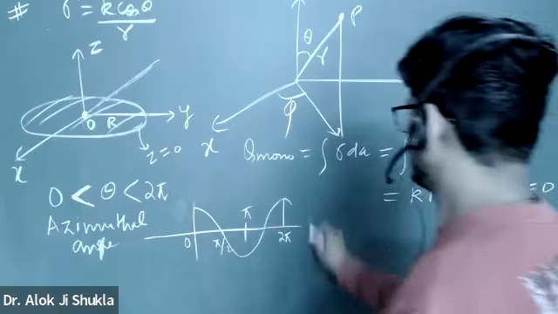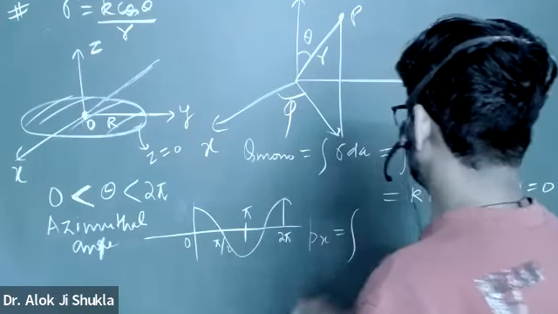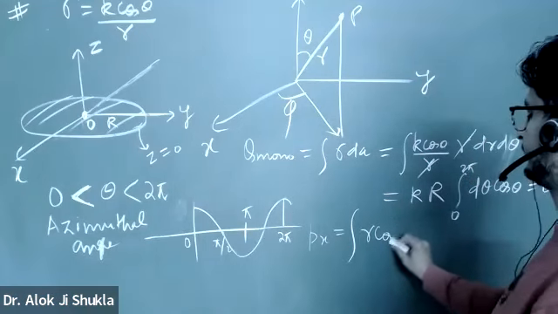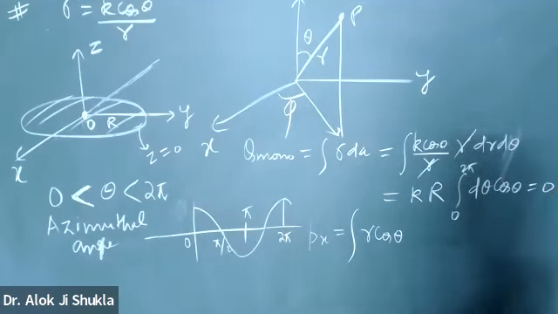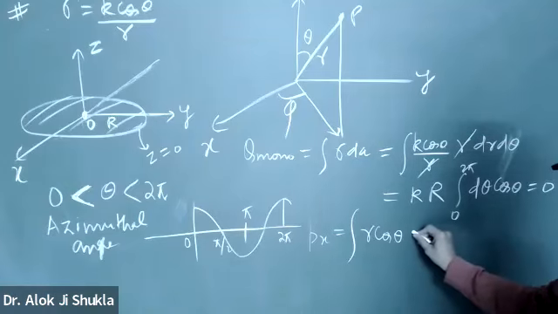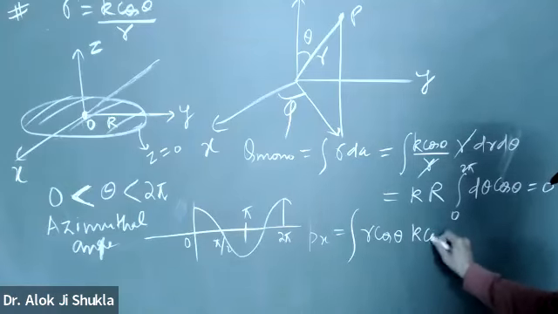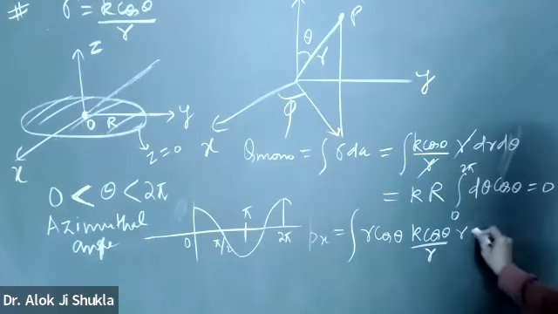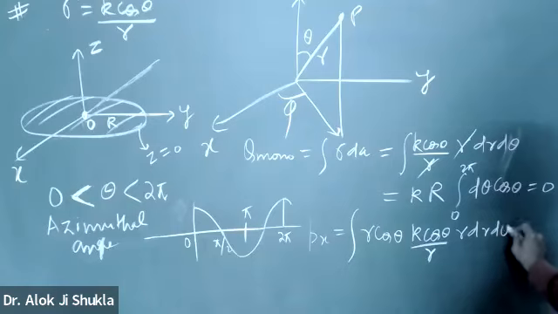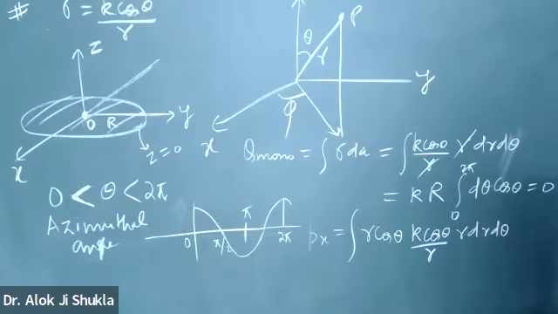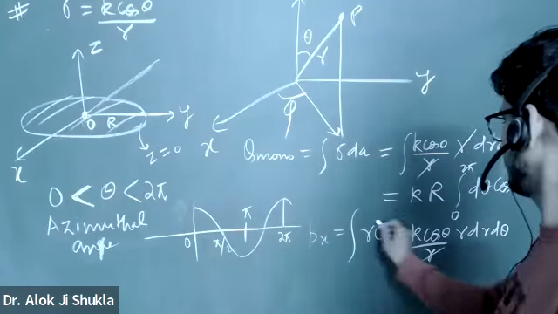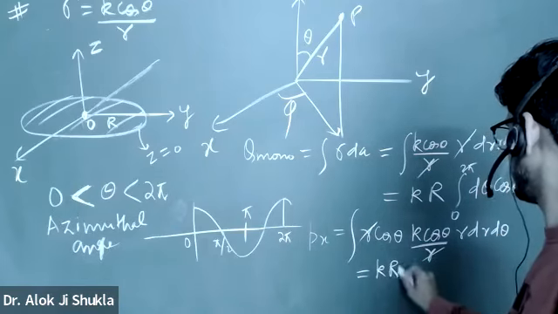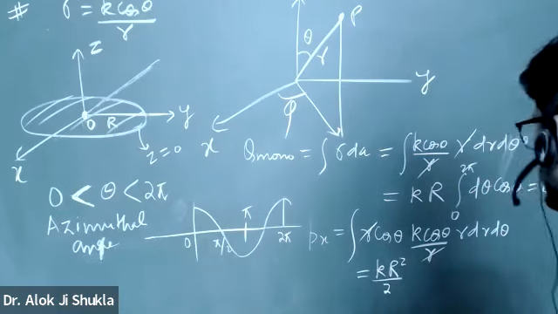Px will be integral r cos theta, K cos theta by r. Sigma is k cos theta by r into R dr d theta. So what will this value give? R and r will cancel. This r will become k r square by 2.